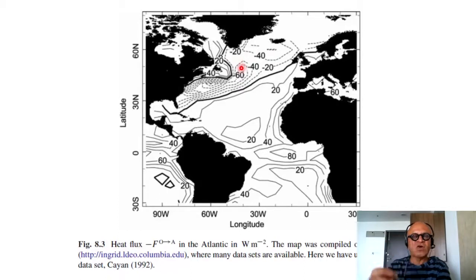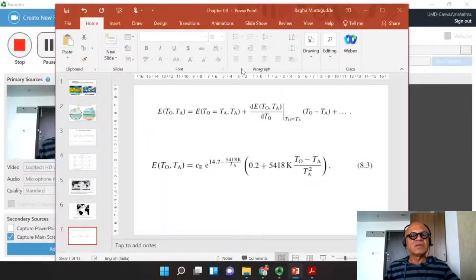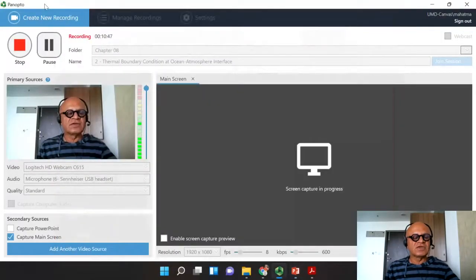So there's a strong coupling between the energy exchange at the ocean-atmosphere interface, large-scale circulation, large-scale heat transport, and so on. But of course the time scales are very critical there. Okay, so let me leave this here, and then we will come back and look more specifically at the formulations for different components of the fluxes.